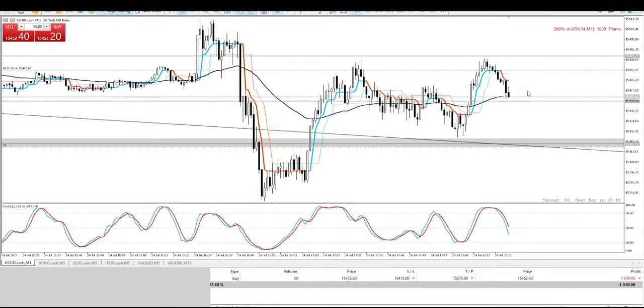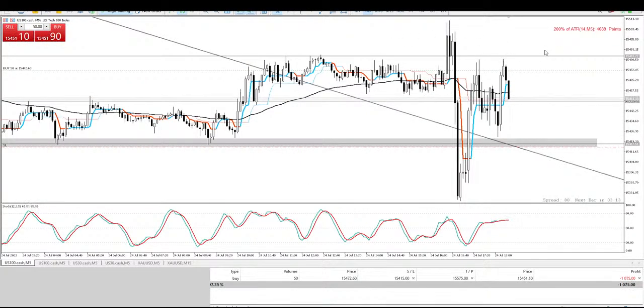Yeah, hopefully that holds, man. Since we were all kind of thinking the same thing about that entry, so are a lot of other retail traders.